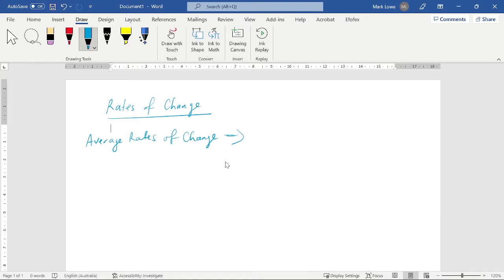In that situation, you're finding the gradient of that straight line. The average rate of change is usually written as f of b minus f of a over b minus a, which is essentially y2 take y1 over x2 take x1.